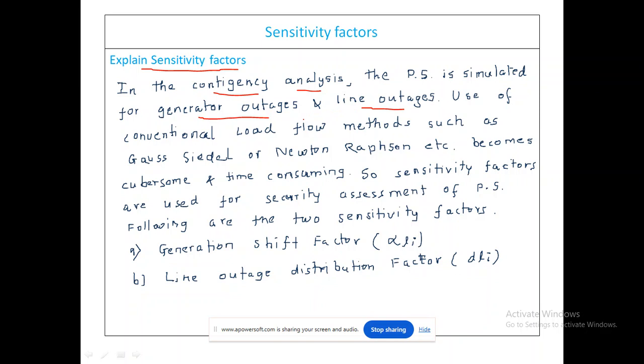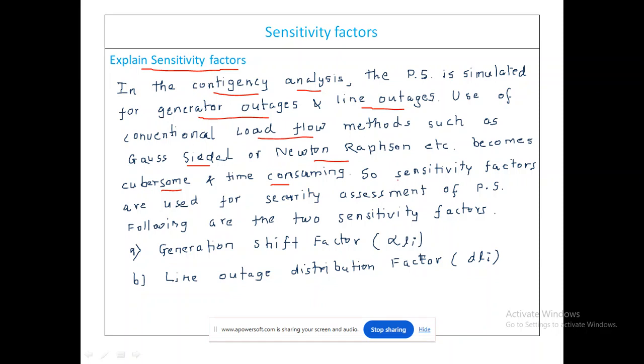And for simulating this using conventional load flow methods such as Gauss-Seidel or Newton-Raphson, or decoupled or fast decoupled, it becomes very cumbersome and time consuming because they are very lengthy load flow programs. But because we want this contingency analysis to be done in a very short period of time, very quick analysis has to be done.